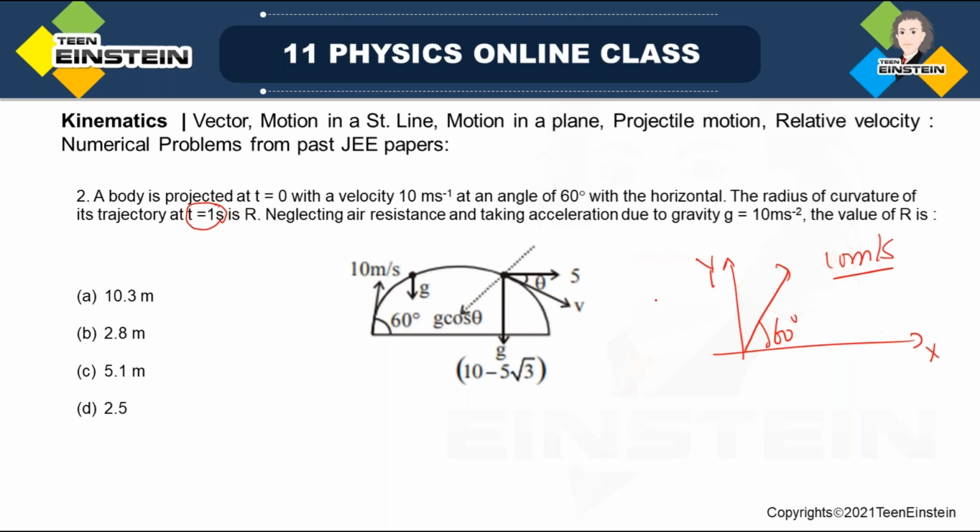So to solve this problem, you look, more or less our trajectory is kind of this parabola. So what we have to do is find out what is the angle the total velocity makes with the horizontal after t is equal to 1 second.